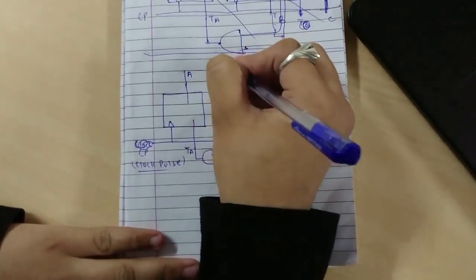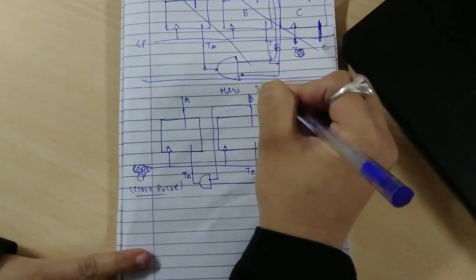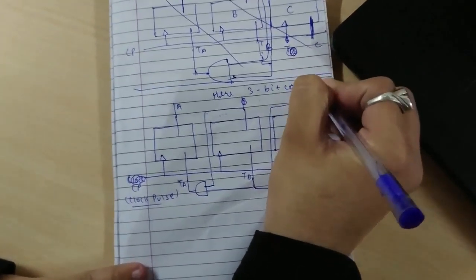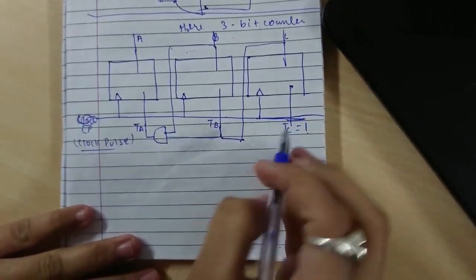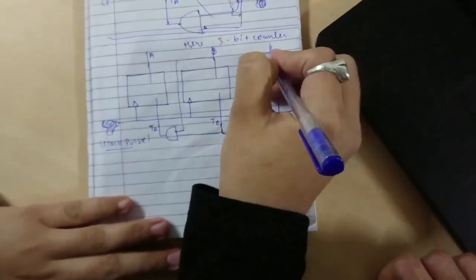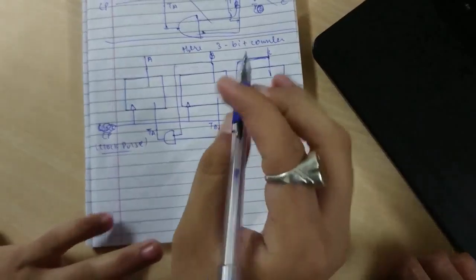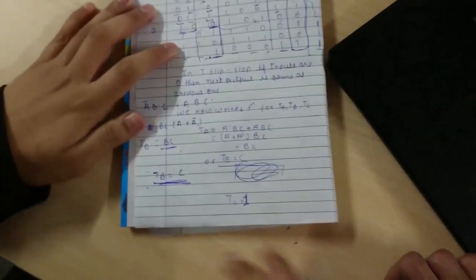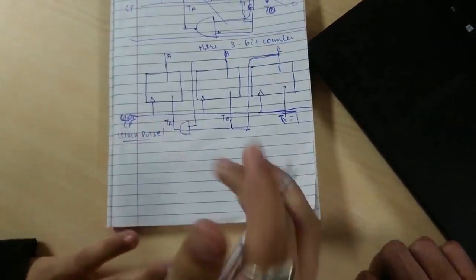Here it is the flip flop circuit of the 3-bit counter. You can see that TC is always 1. Okay. So now what is TB? We got TB equal to C. So we just need to connect the wire from C to TB. Now TA is B into C, so we need an AND gate.